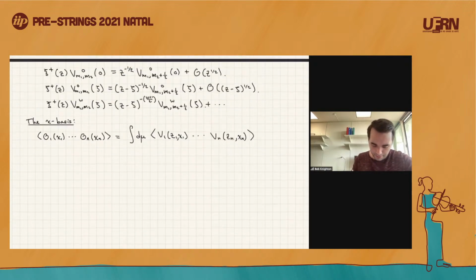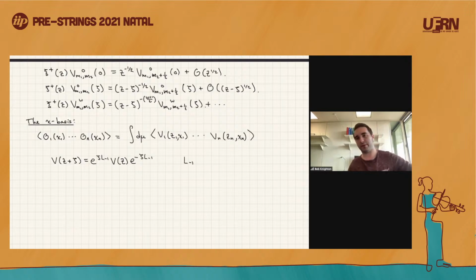And the way you can do this is as follows. So given a vertex operator on the world sheet, for instance, if I wanted to translate it, so I want to consider the vertex operator at z plus zeta, then this is basically V of z sandwiched by L minus 1 modes in the exponentials. The way to think about this is that purely classically, in terms of conformal transformations, L minus 1 generates d by dz.